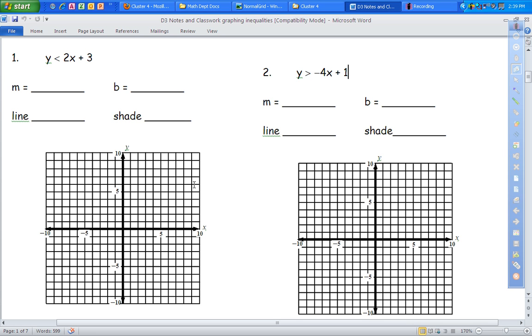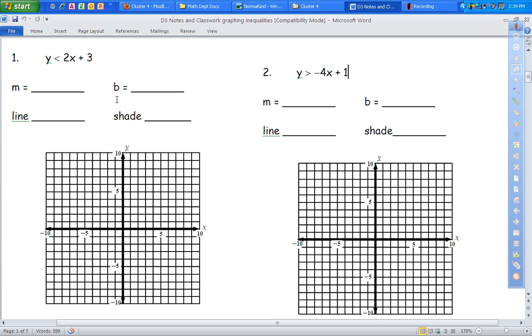There's going to be one small difference between graphing linear inequalities and graphing linear equations. When we graph linear equations, of course, we have the equal sign, which means that we have a solid line and everything lies right on that point.